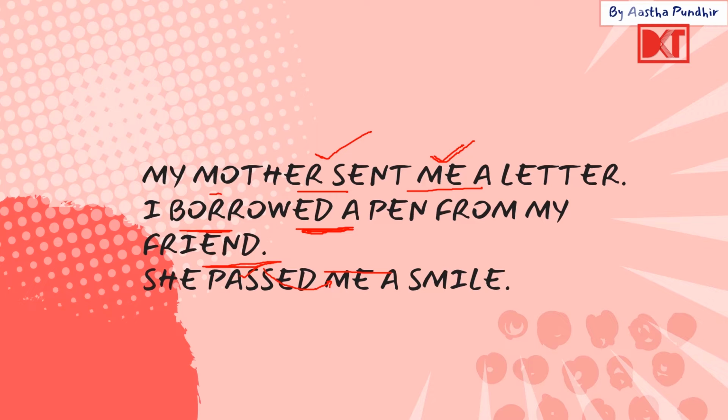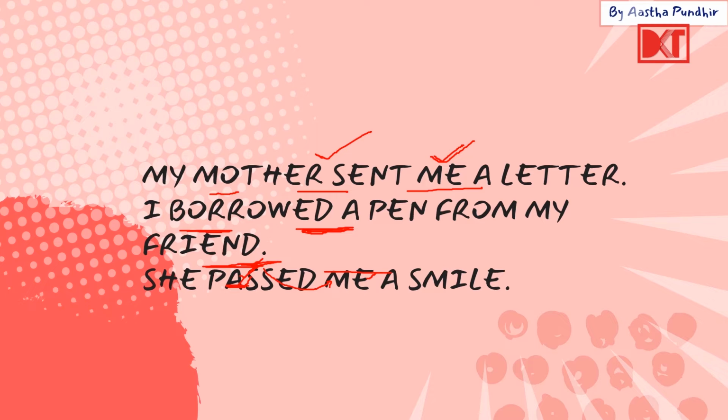What did you borrow? What did she pass? Alright, there has to be an answer to these questions. Okay, she passed you what? Passed me a smile. So right, you require an object to complete the meaning of this verb. So this verb is again a transitive verb.